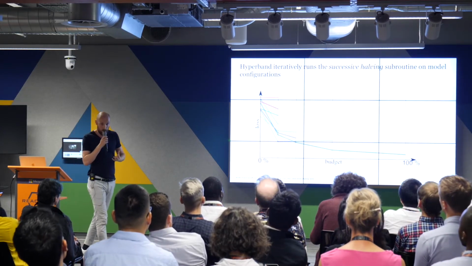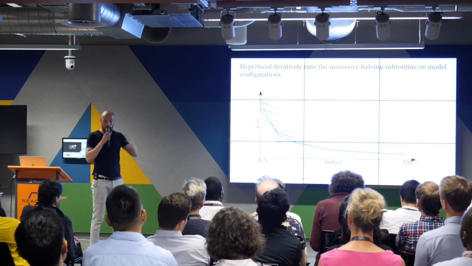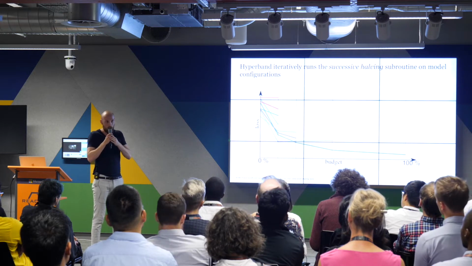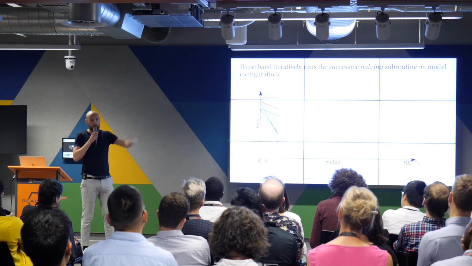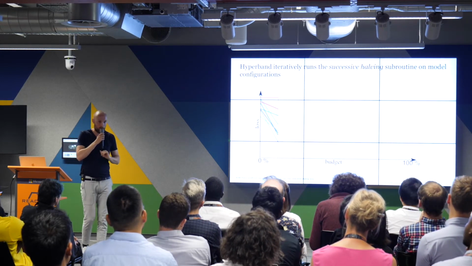So what does successive halving do? Basically you say, I have a fixed computational budget. This can be time: I have 1 hour to run all my models. Or you can say, I have 1,000 epochs that I'm willing to train my neural networks for.